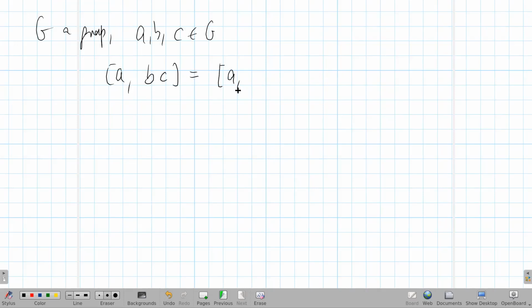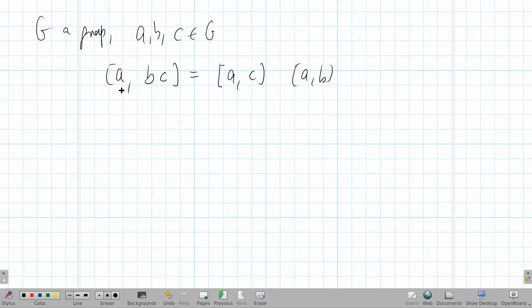So again, G is a group. This time we take three elements, and we consider a commutator between A and the product BC. It's nearly true. I mean, the formula I'm writing will only be valid when we get to the end. This equals [A,C] times [A,B].